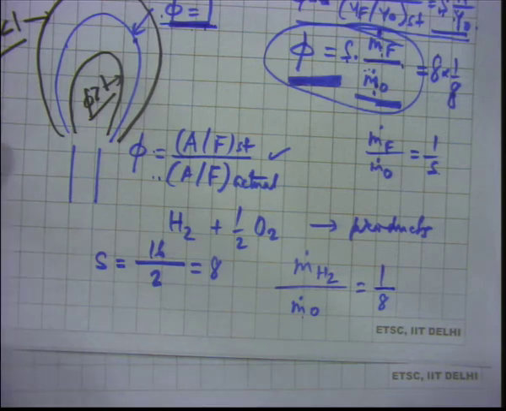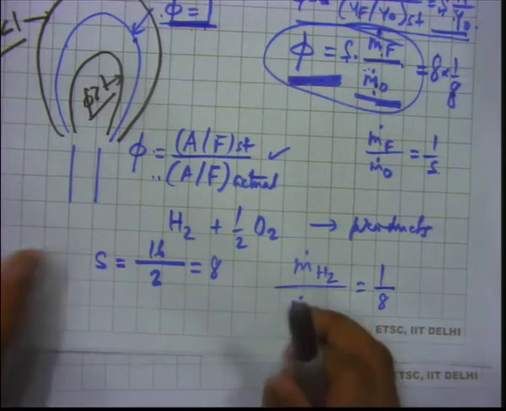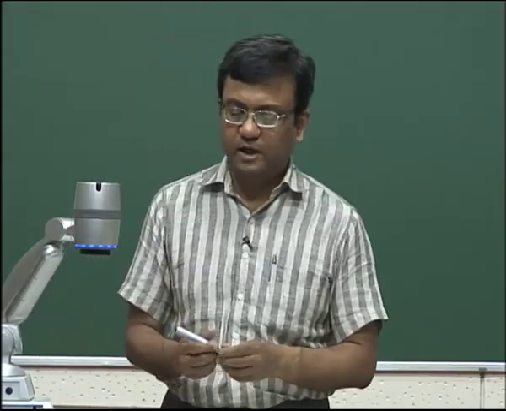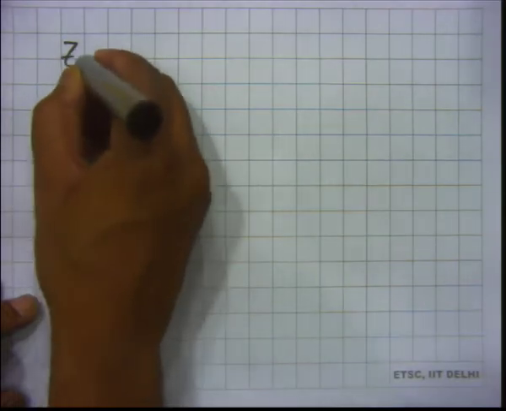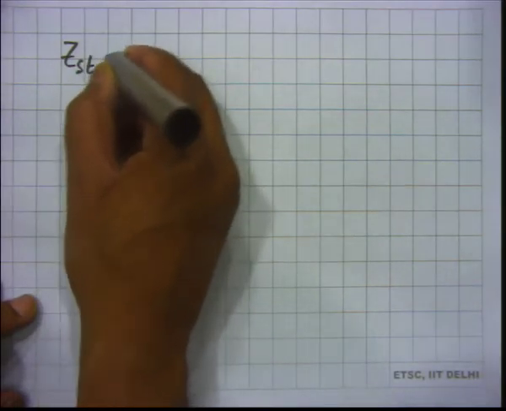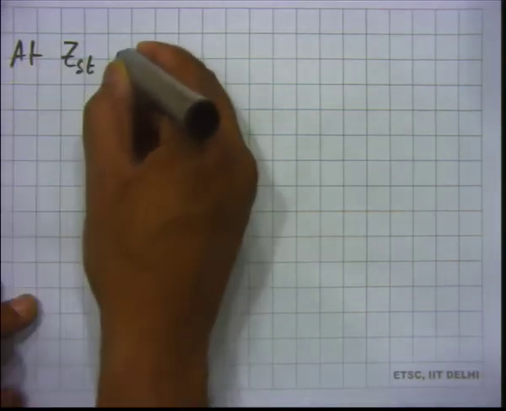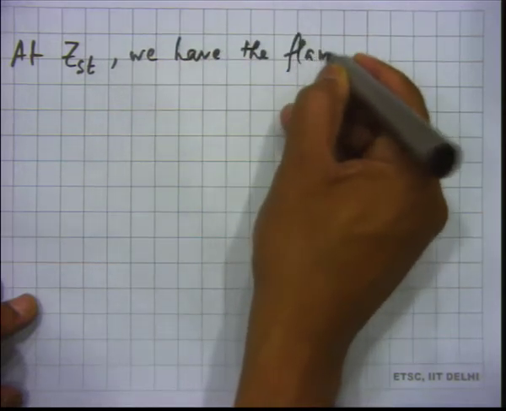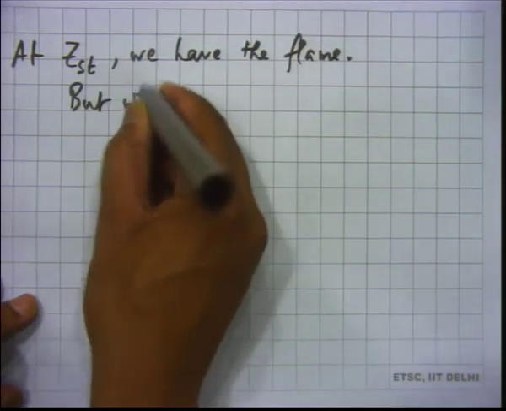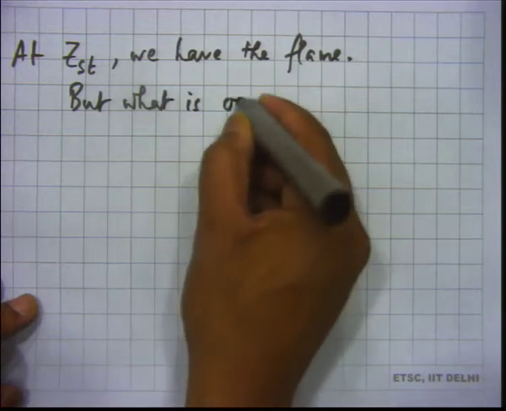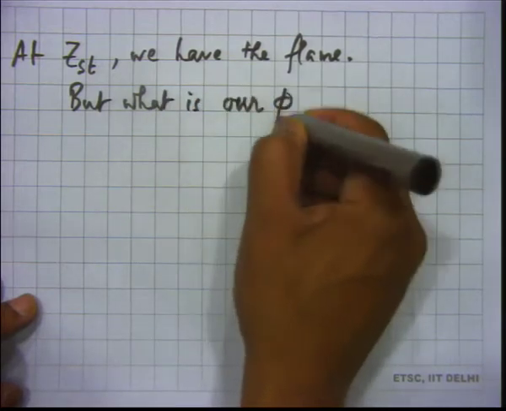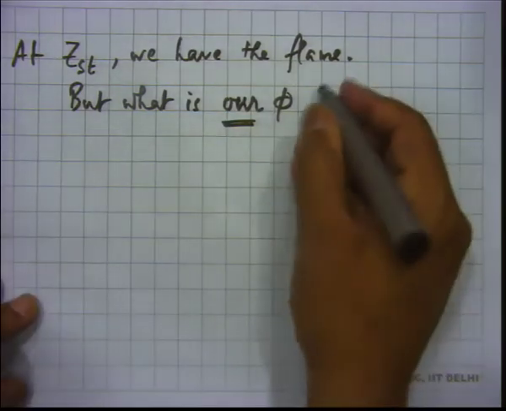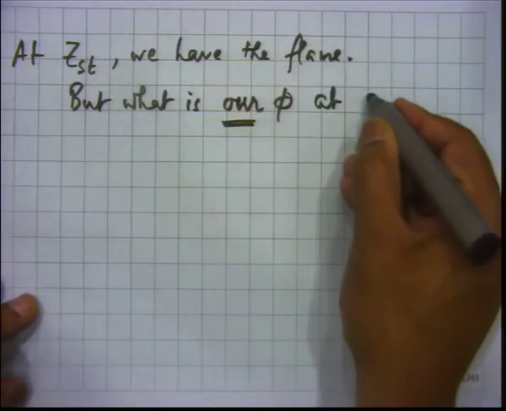So, according to his definition, phi is equal to 1, but after that we of course made a switch. That is why I said we have to be careful about the notations. We said that now we are not talking in terms of phi, we are saying at Z stoichiometric we have the flame. But what is our phi? Our phi is important, not the phi that Turns used. What is our phi at the flame?